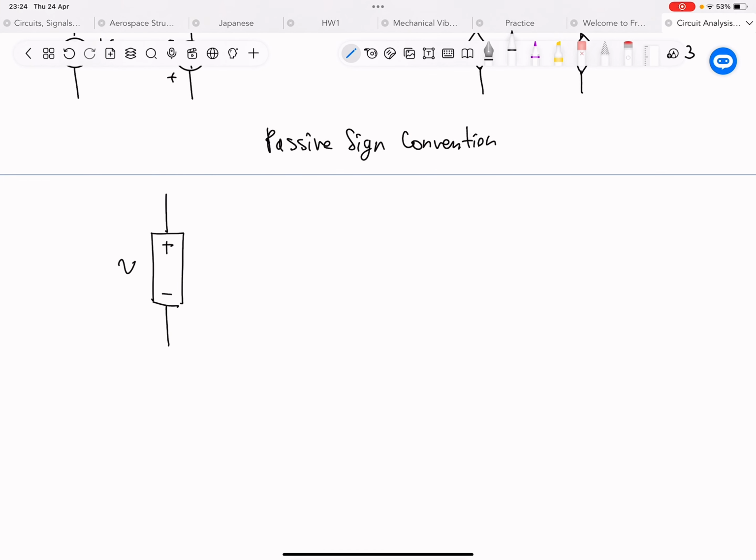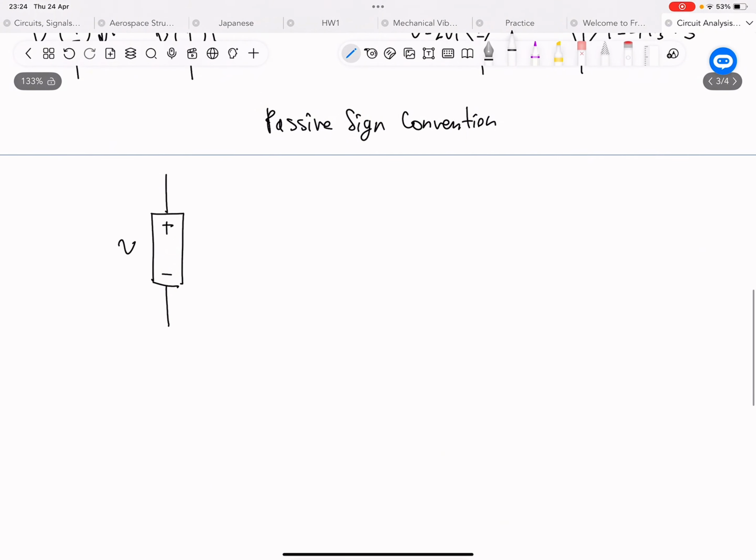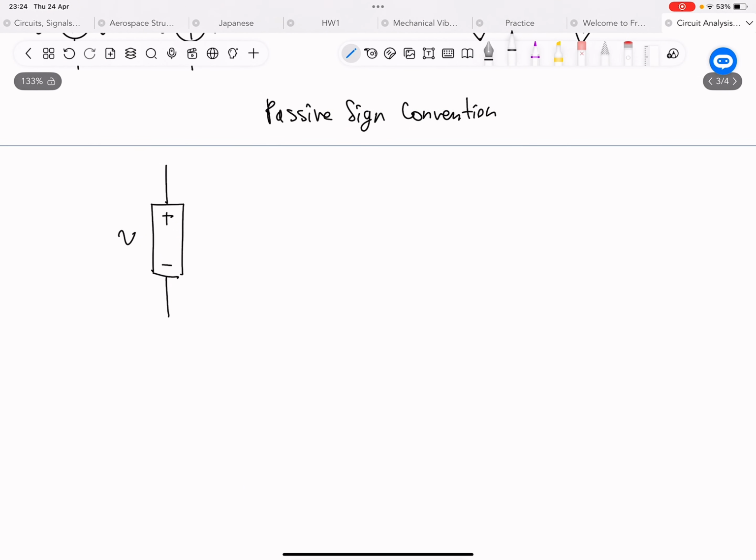A passive sign convention is just an assumption. It's nothing more than that. It's just an assumption of the direction of the current. In this sign convention, we assume the current to flow in the direction of the voltage drop. In simple words, it's from plus sign to minus sign.